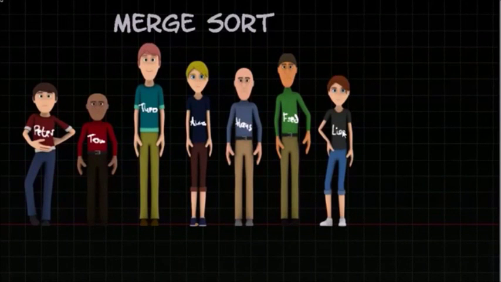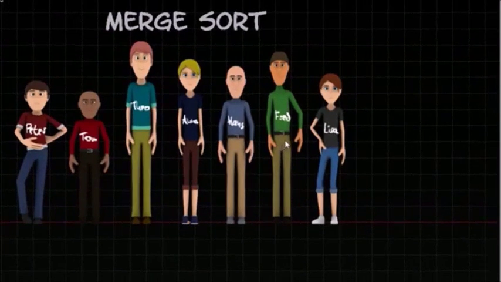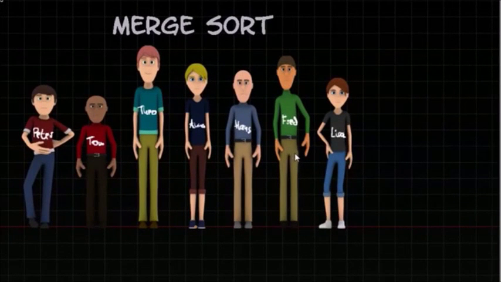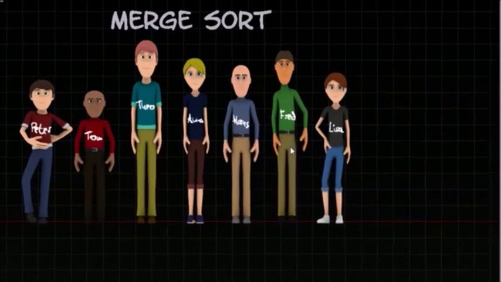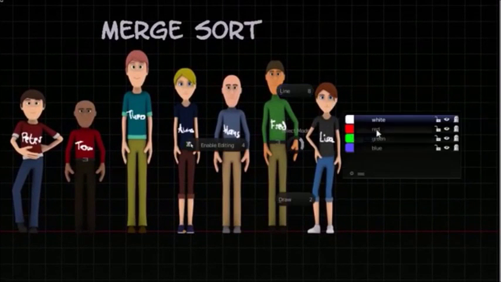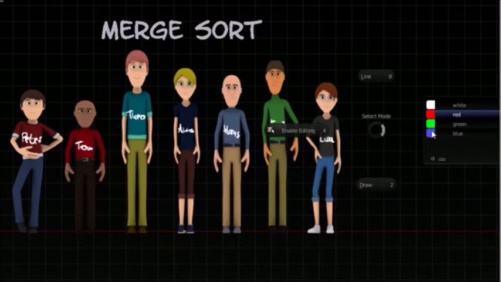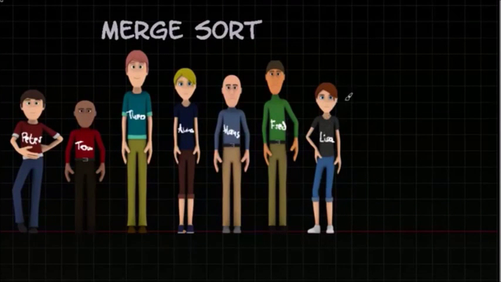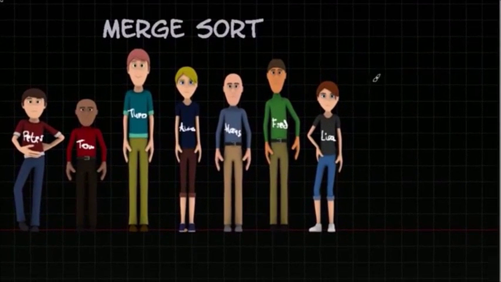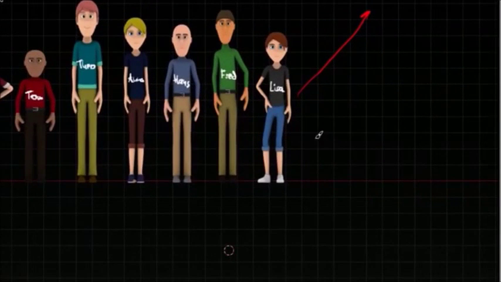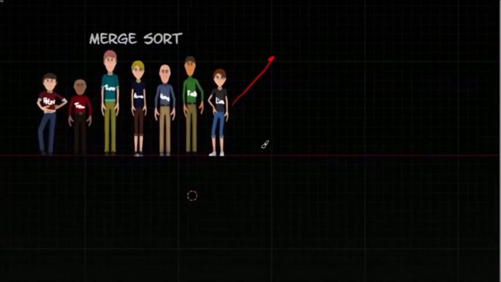First, we use the split method, which receives a list of 7 persons. These persons are unsorted elements, and the split function will create two lists out of this list. And now I have to zoom out a bit because we are going to need more space soon.